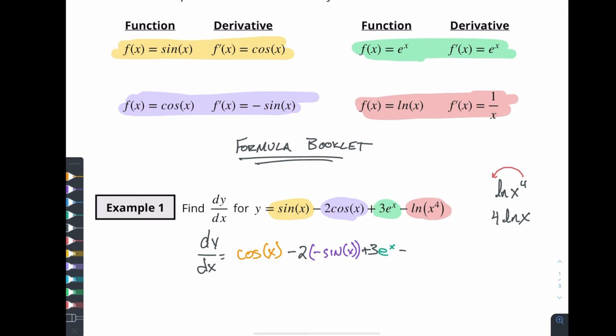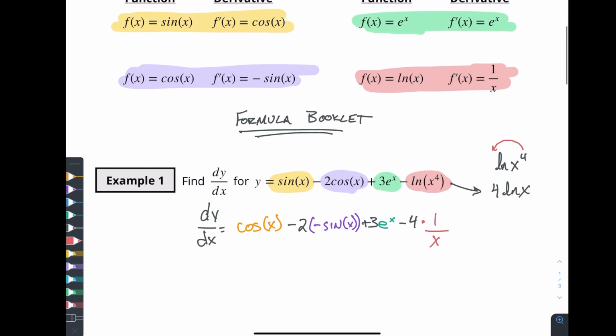So it's not a chain rule here. This is what we're actually taking the derivative of. So we're going to subtract 4, and then the derivative of ln of x is 1 over x, so we multiply that by 1 over x. Now we just simplify and we are good to go.